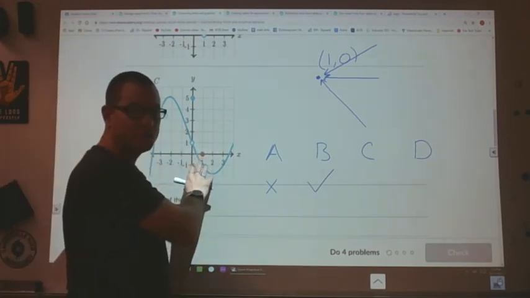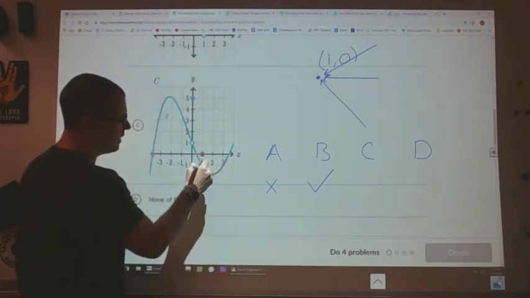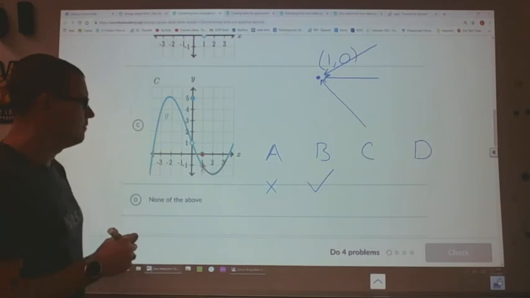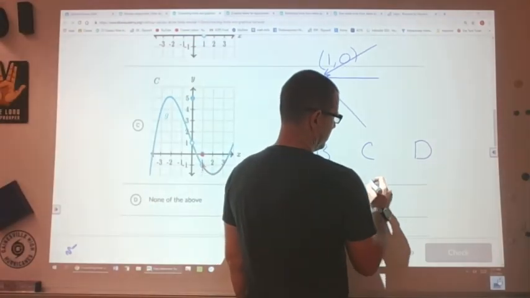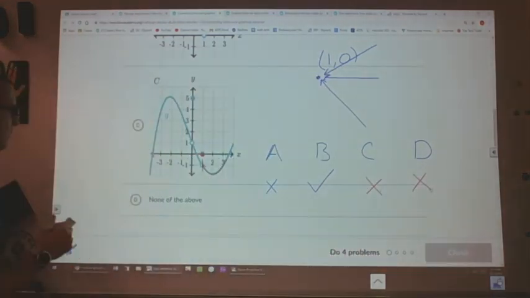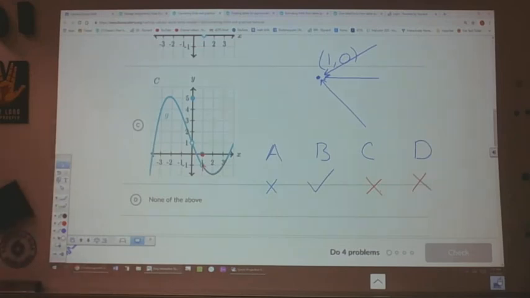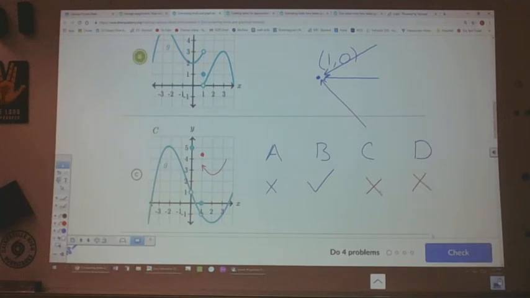It has a closed dot. But is that graph approaching that value? It's not. C doesn't work. D also doesn't work because B did work. So our only answer here is going to be B.